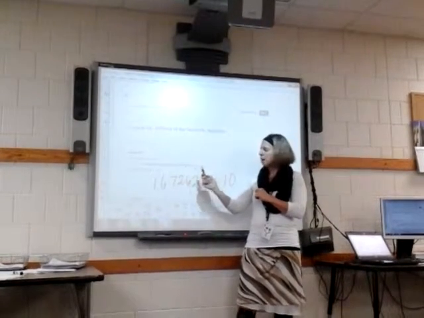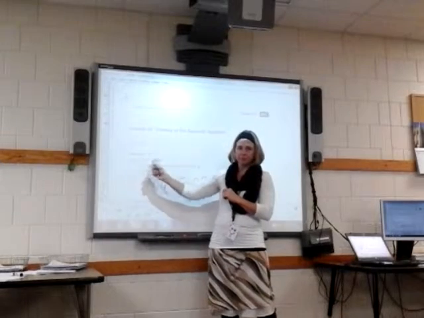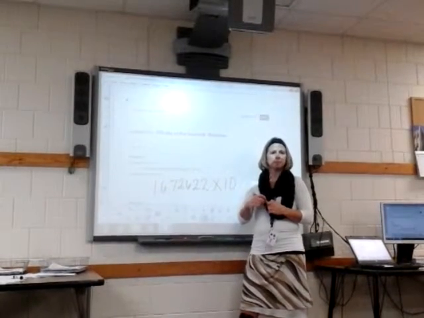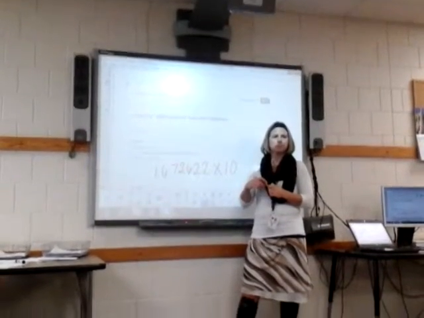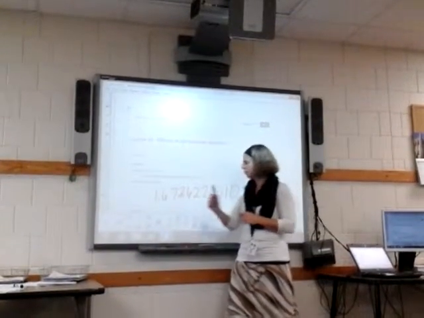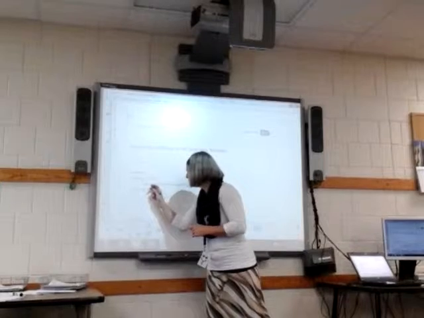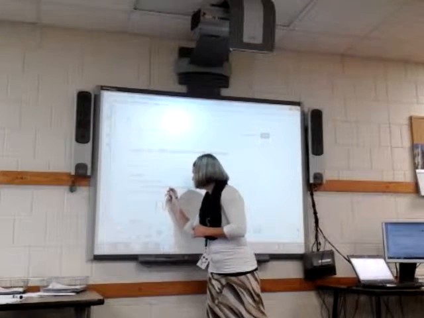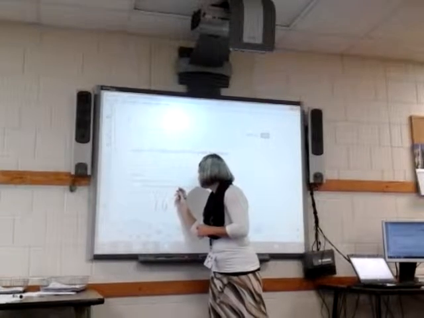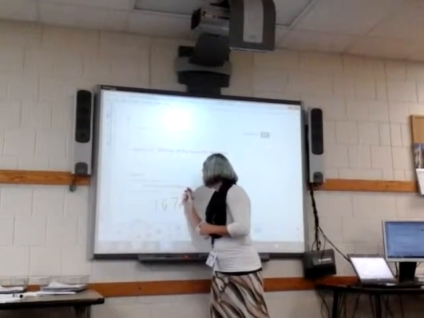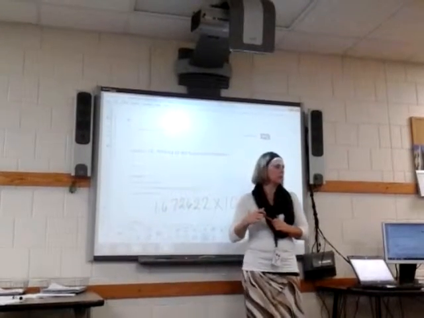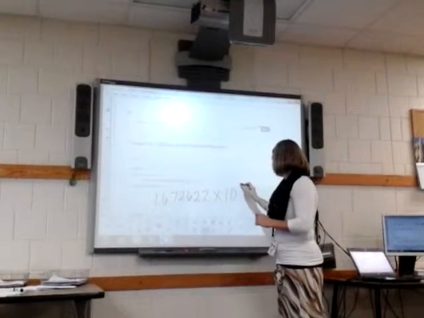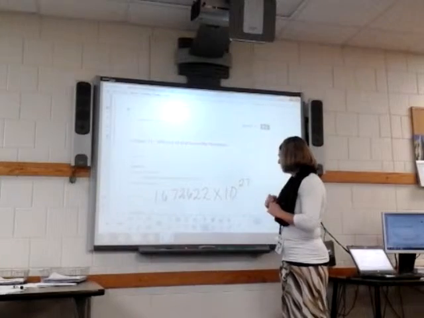Okay, so how many movements does the decimal make? I got 27. Yeah. 27 movements? Okay. So it moved 27 times.